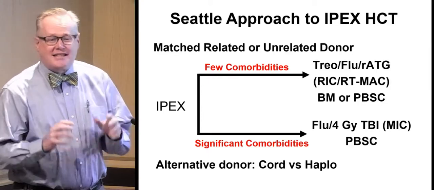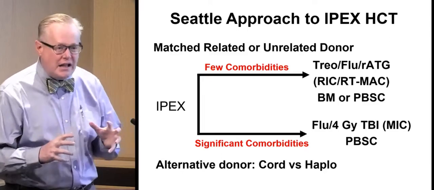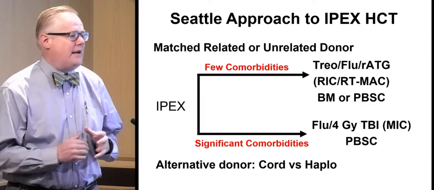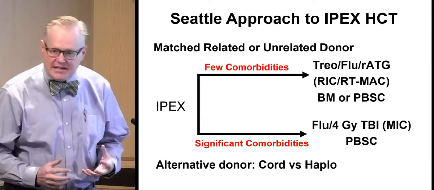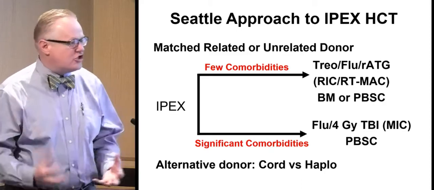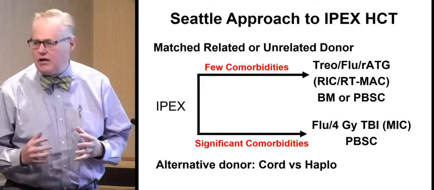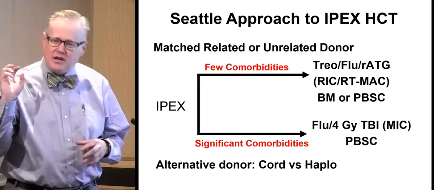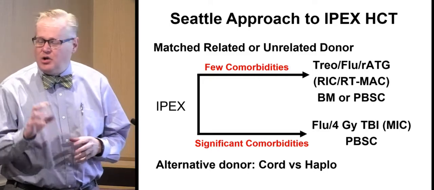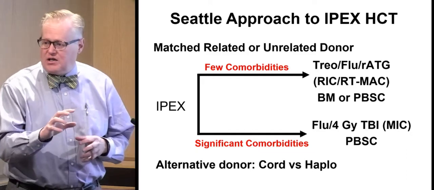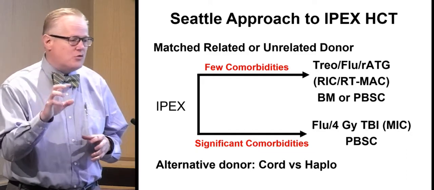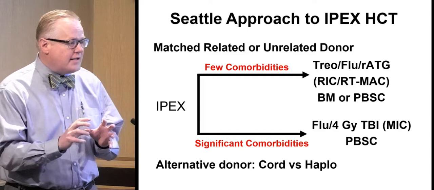Now, some of the patients that come to us have really profound comorbidities. So invasive fungal disease, lungs that look like Swiss cheese, other things that make them extraordinarily high risk for transplant, where if you used a very aggressive conditioning regimen, you would probably do them in. So in fact, most of these patients would not qualify for a more intensive conditioning regimen.